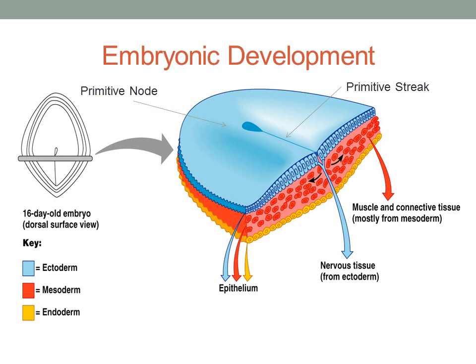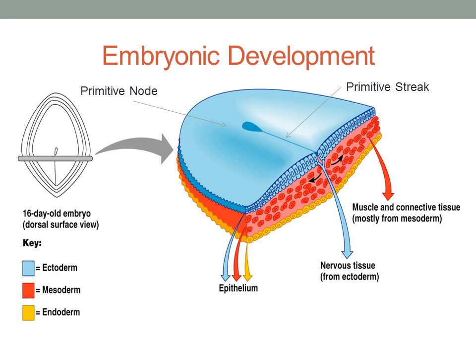We have what's known as a bilaminar disc, with the dorsal layer of cells known as the epiblast layer and the ventral layer of cells known as the hypoblast layer. You have the epiblast and the hypoblast layers. We have a bilaminar disc of cells.